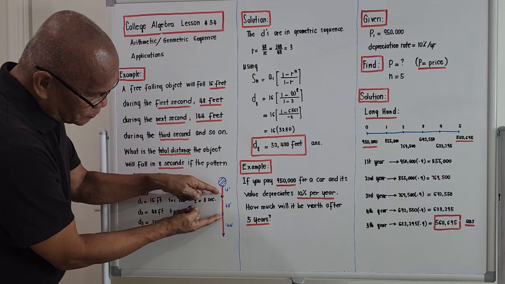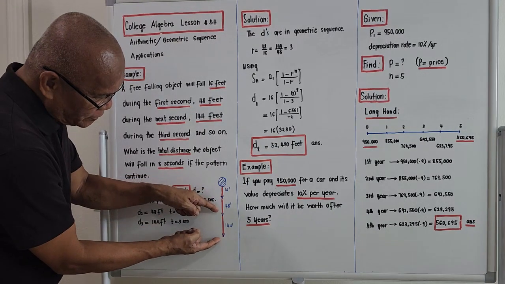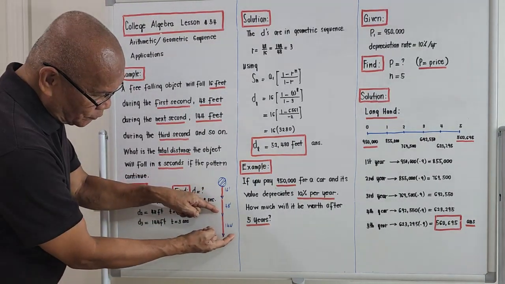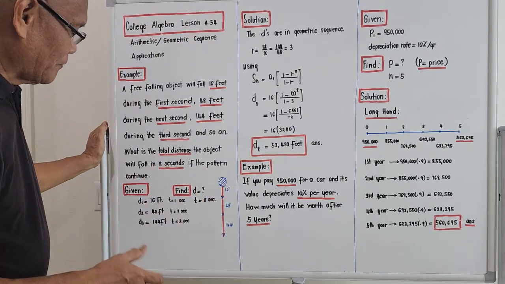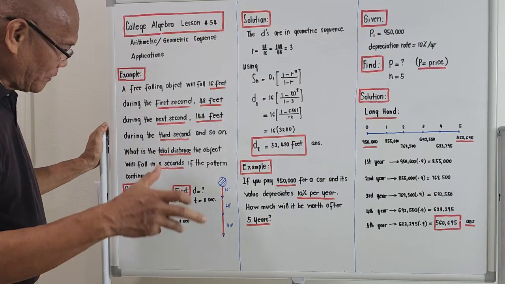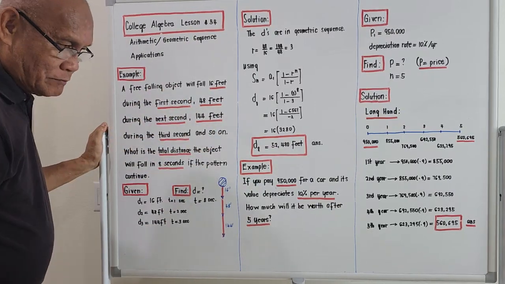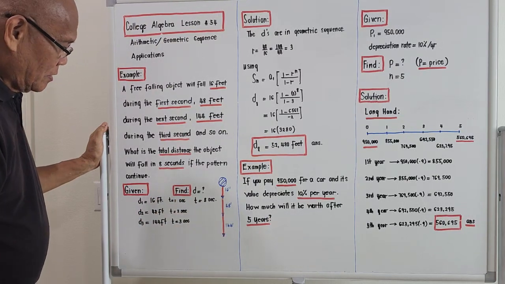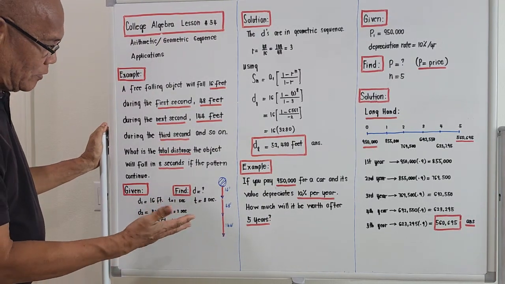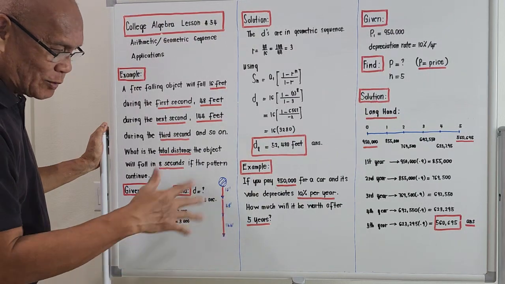Second second, it's 48 feet. Third second, it is 144 feet. So if we try to observe the variation in the distance traveled by the falling object, of course, this is under geometric progression.